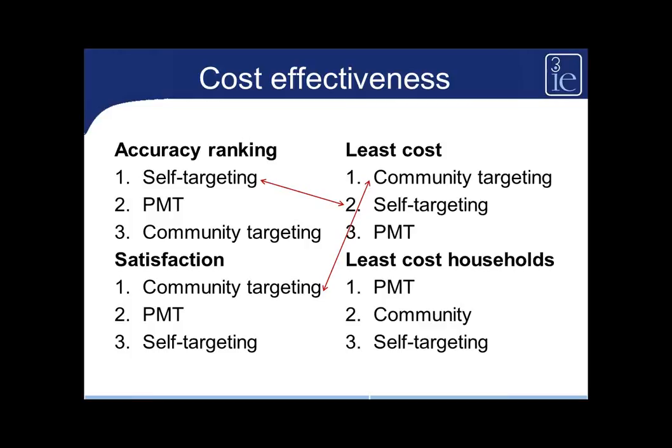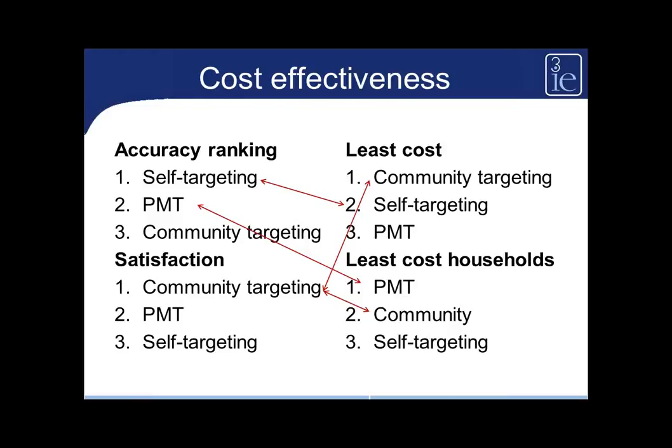Some people might say, well, yes, but community targeting had the highest satisfaction and the least cost. Some people might notice here that the proxy mean testing was relatively accurate. It was in the middle, but it was the least cost to the household. Or even look here at how well community targeting does.